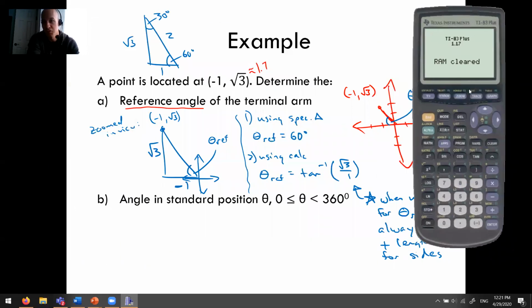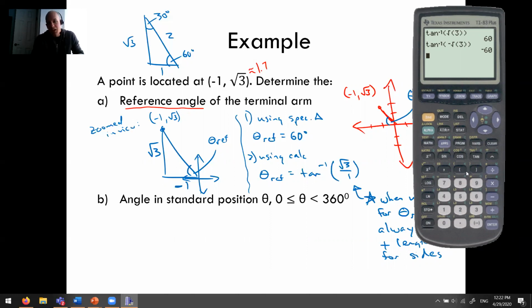What we should be able to see is, if we change it to degree every time, and go second tan, and we go root 3, I don't need to go root 3 over 1, I can just do root 3. I should get 60 degrees. If I did second tan, and I put in negative root 3, let's see what happens. And then I get negative 60, and that's where it can get kind of confusing.